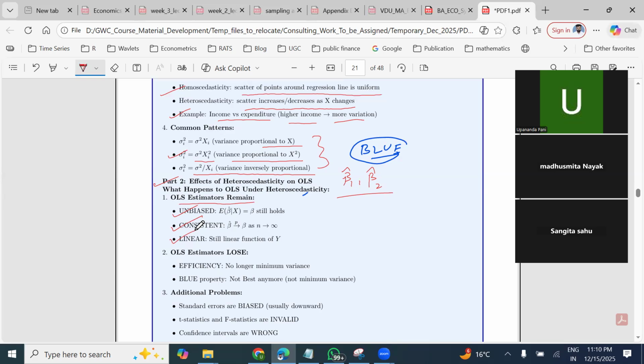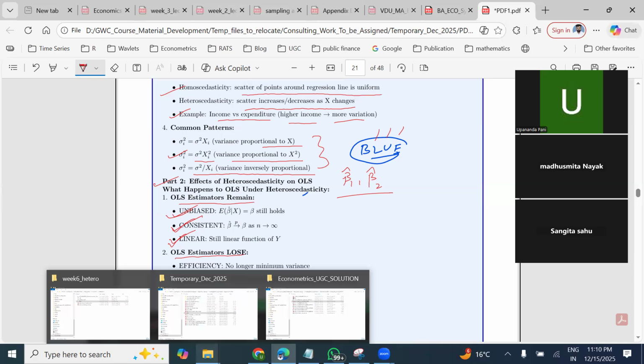Unbiasedness is one of the important properties, consistency is the large sample property, and linearity. But efficiency will not be there, just to remember this. Okay, clear? Yes.